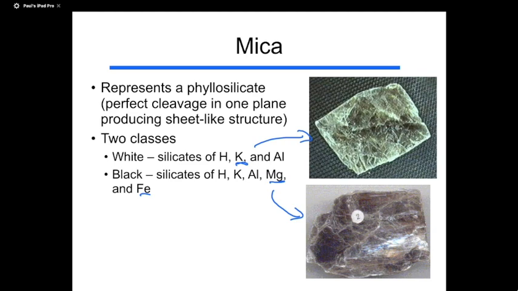Now, mica is really interesting because you might pick up a piece of mica, and what it is, it's like, they call it sheet-like. Have you ever chopped up an onion? Okay. How are onions organized? They have what? Layers.